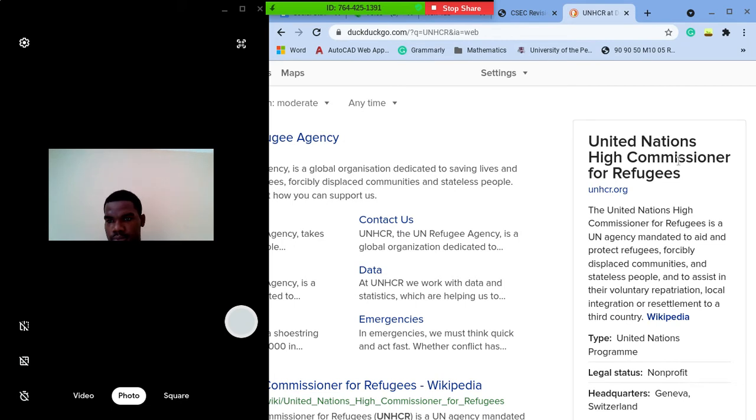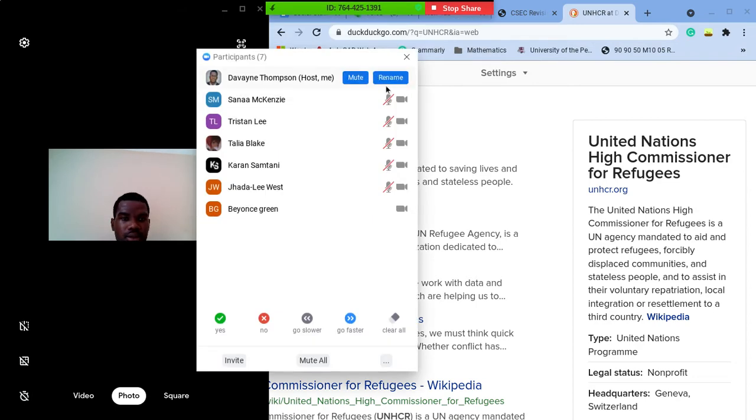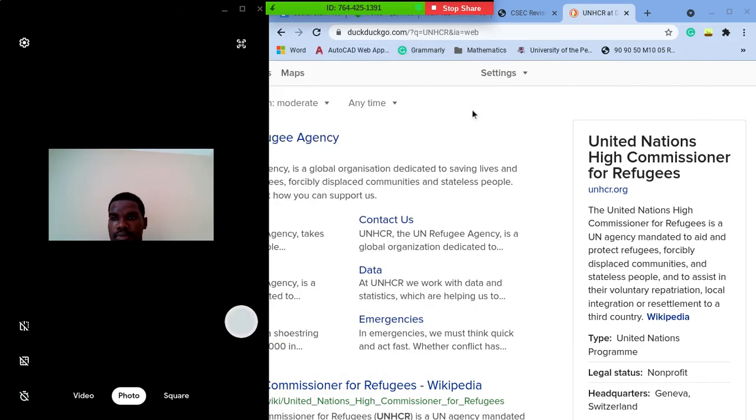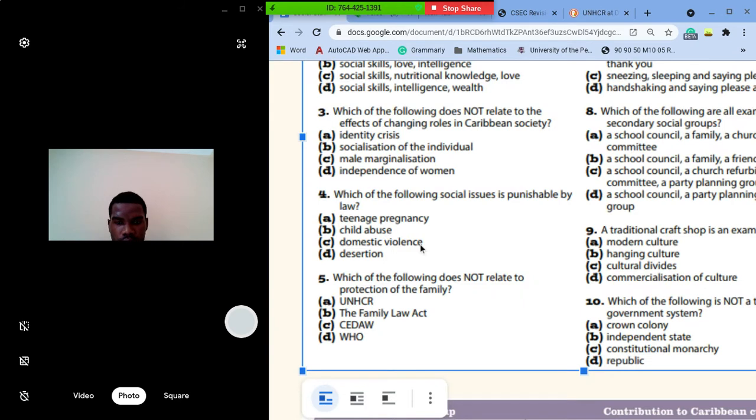So if, for example, a family is displaced after some regional events in the country, such as a war, this organization would be able to aid and mandate provisions for that family. And we know WHO stands for World Health Organization.